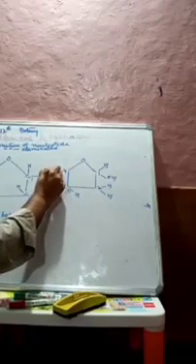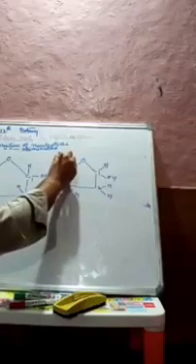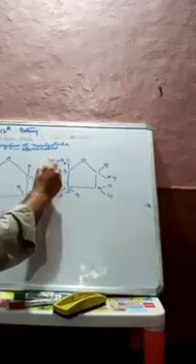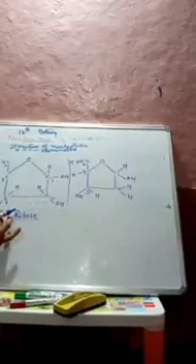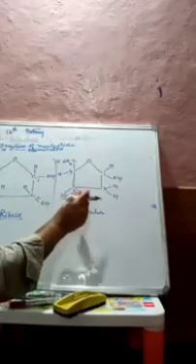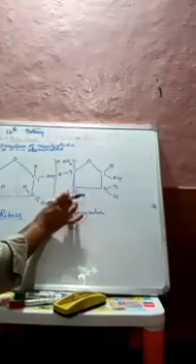Here it is again hydrogen and hydroxyl group. Here it is simply hydrogen, and this one is CH2OH. Now see the difference. Here in C2 and C3 we have two hydroxyl groups, and here we have only one hydroxyl group. At C2 we have no functional group.